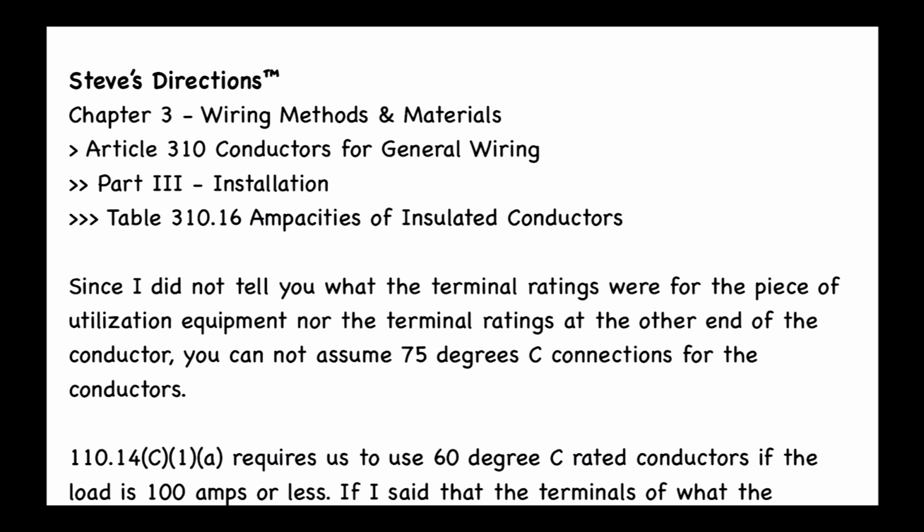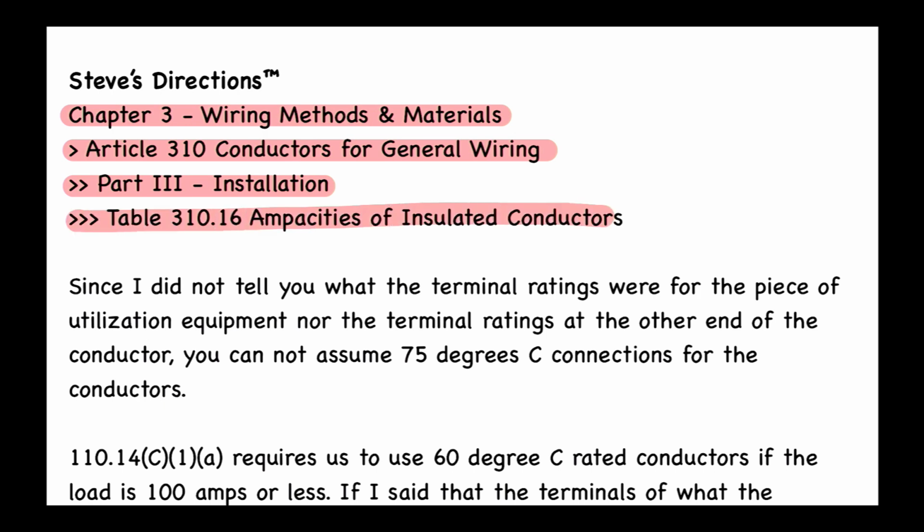First thing we're going to ask ourselves is, what article are we talking about here? In this case, we are talking about Article 310, Conductors for General Wiring, and that's within Chapter 3, Wiring Methods and Materials. Then we're going to look at Part 3 in Article 310, and then my favorite table, Table 310.16, Ampacities of Insulated Conductors.